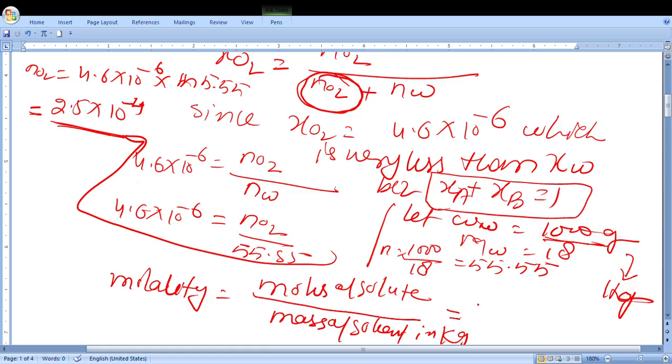So moles of oxygen are 2.5 into 10 to the power minus 4 upon 1. So this is the answer, mole per kg. After solving this question, we will come to the next question.